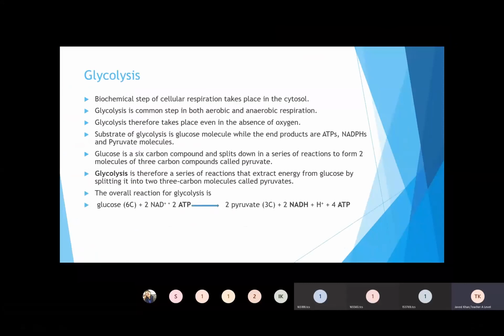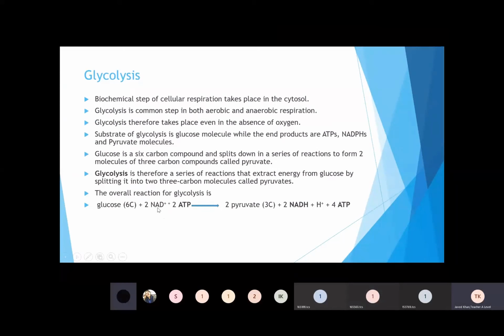Now you can see here, glucose, a 6-carbon compound. It has been hydrogenated or dehydrogenated. Faria, is glucose hydrogenated or dehydrogenated in this reaction? Glucose is dehydrogenated because glucose is oxidized here.